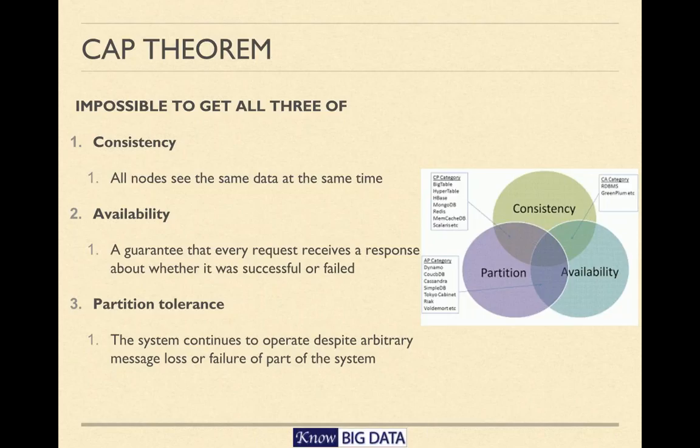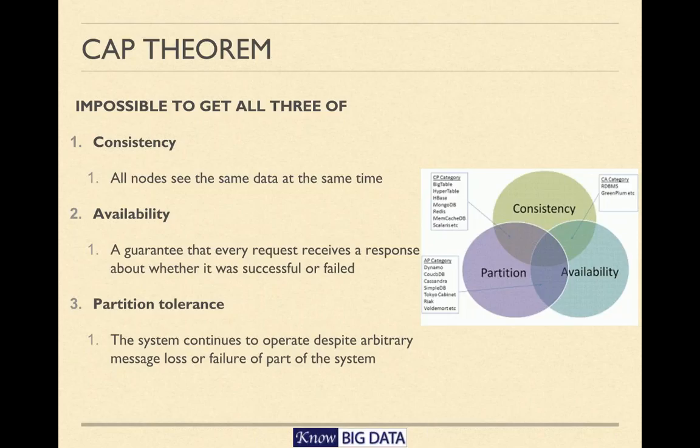So you have, say, 10 databases running continuously. Even if one of them shuts down, the user should not be impacted. Or if two of them shut down, users should still not be impacted. The more loss you can tolerate, the more partition tolerant you are.